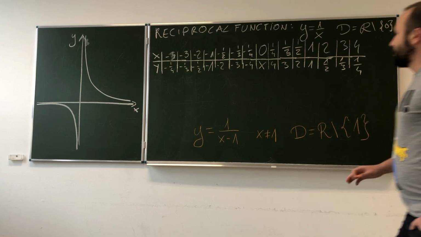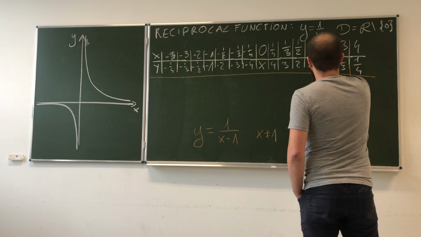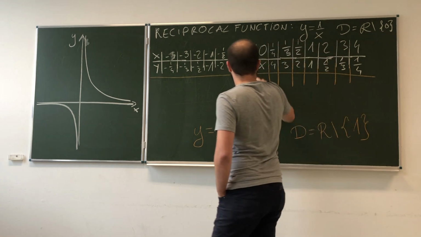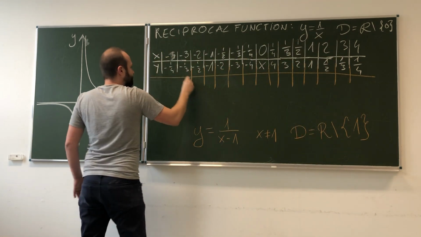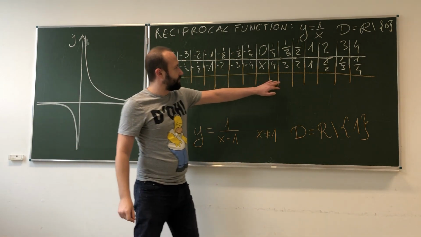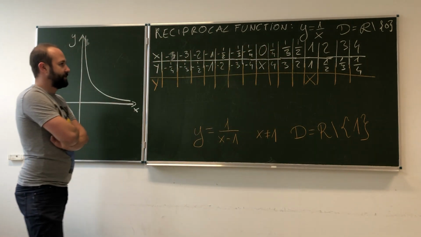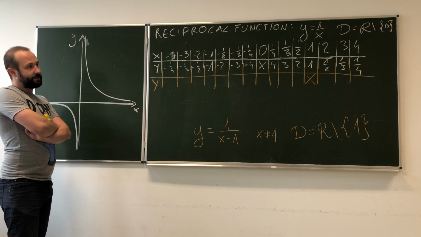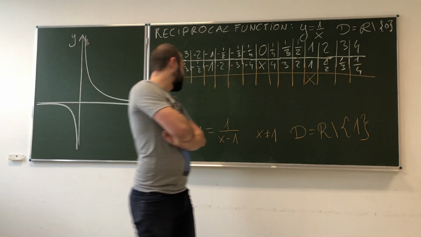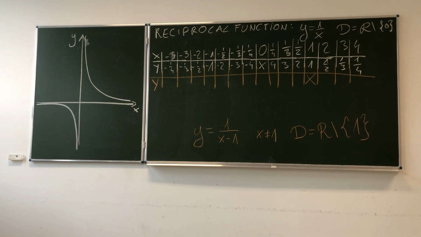Okay, so look, if we're going to be filling the table over here for the new function, then the first thing we need to do is to cut out this point. Right? Well, we clearly see that when x is 1, we cannot find the value of the function.